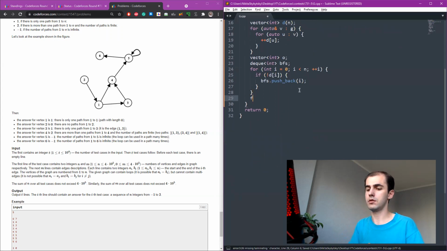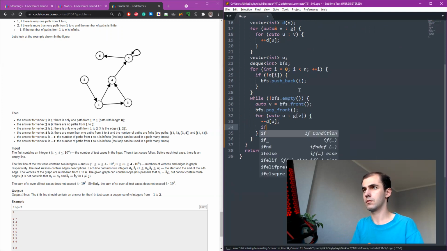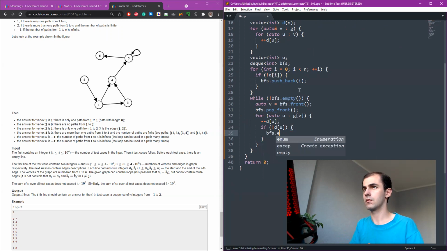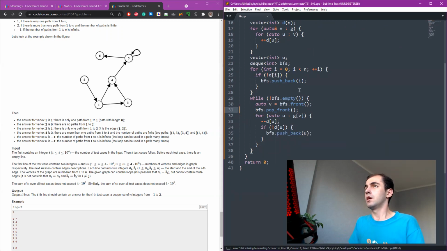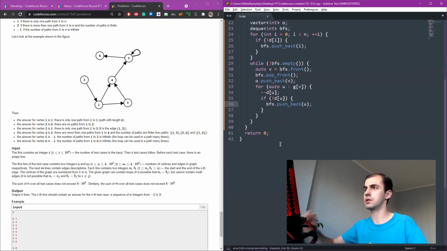Then while BFS is not empty, please give me a vertex, remove it from the queue, add it to the order, and for each neighbor, decrement the in degree. If the in degree became 0, push this vertex into the queue. Why does this work? So what comes next is a vector of answers.